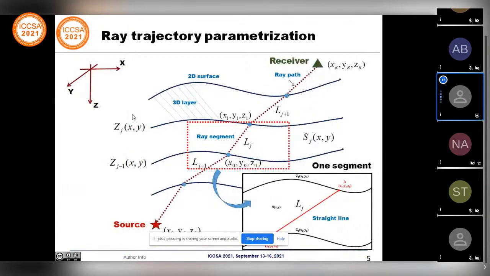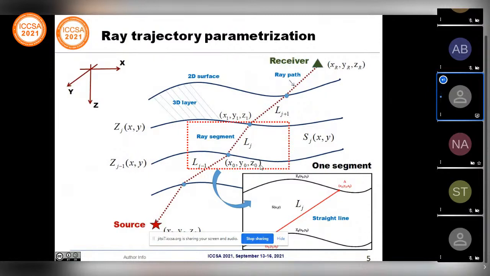So what about ray trajectory parametrization? Having in mind the model parametrization described above, we assume that in each layer the ray is a straight line segment specified by coordinates of the intersection points 1 and 2, (x, y, z1) and (x, y, z0) for example, with two neighboring surfaces.